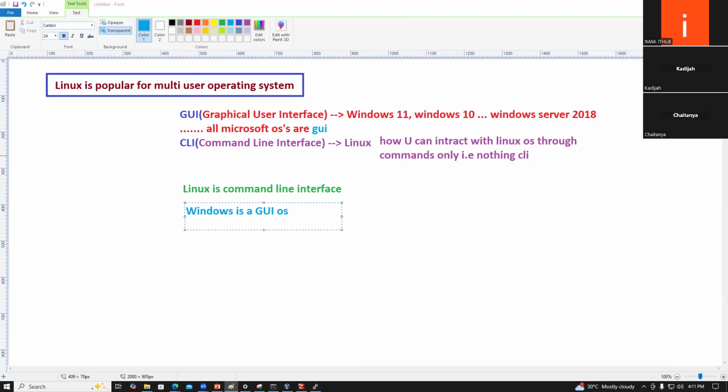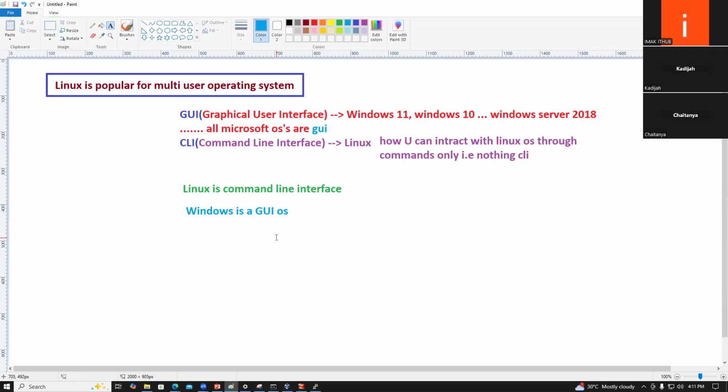Understood? Windows is a GUI operating system. Linux is a command line operating system.